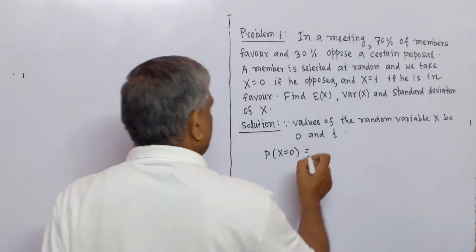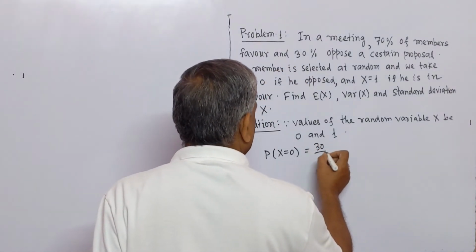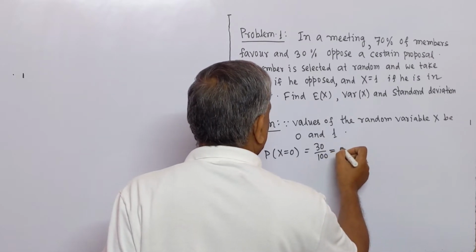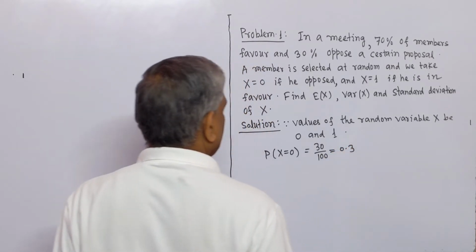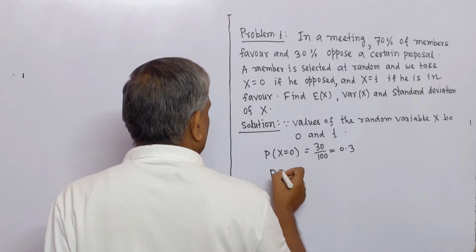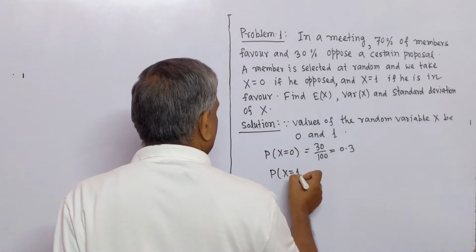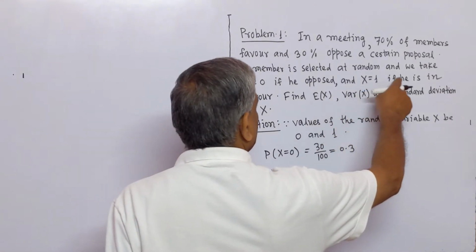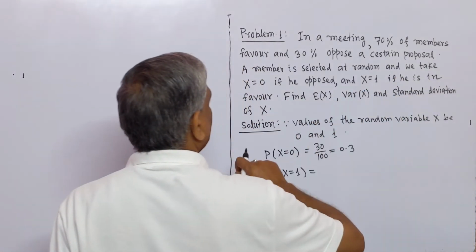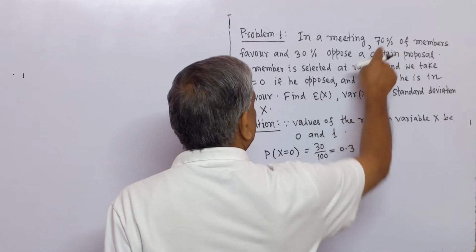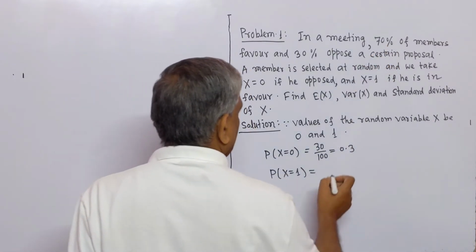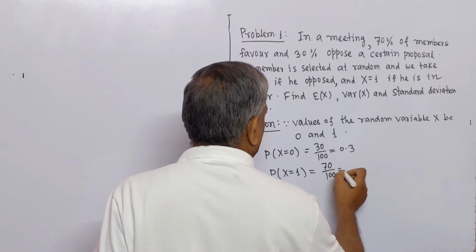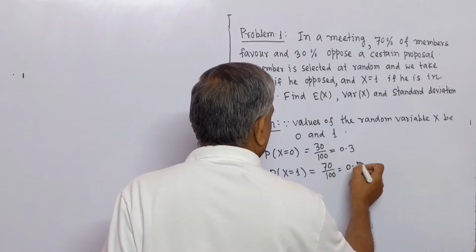That means 30 by 100, means 0.3. P(X equal to 1), X equal to 1 means he is in favor, is 70%, 70 by 100, 0.7.